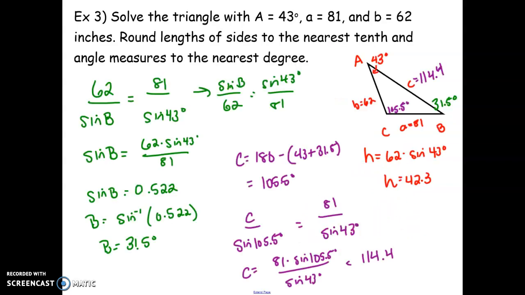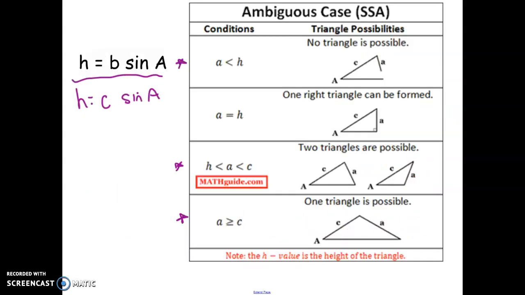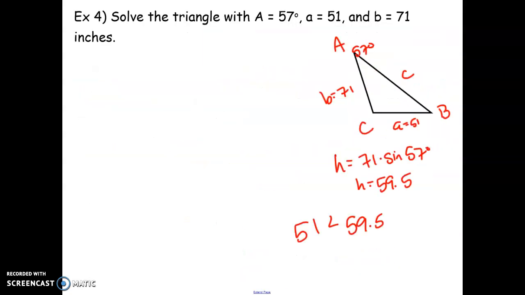That is this first case on our triangle right here. a is less than your height, so we actually can't do that one. There's no triangle possible. Okay, so our answer is no triangle possible.